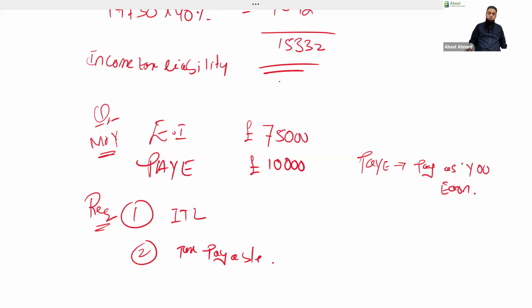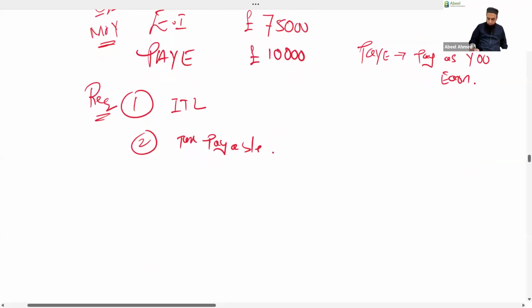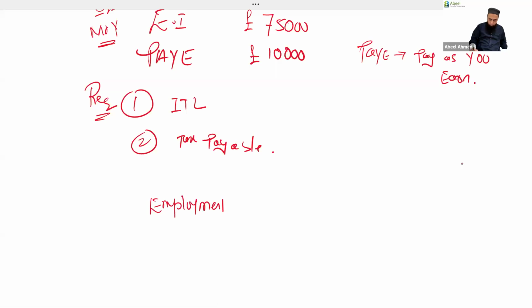So what are we going to do with that? Just wait. Simply PAYE means pay as you earn. This is the income tax which Mr. Y has already paid in advance. We have only employment income, which is the non-saving income. We know that. So employment income 75,000. Obviously on entire 75,000 we will not be paying income tax.